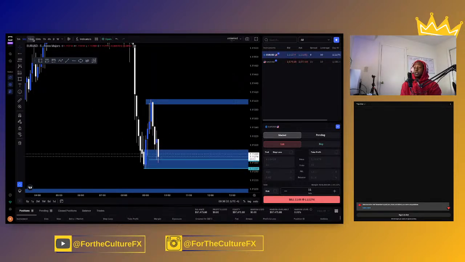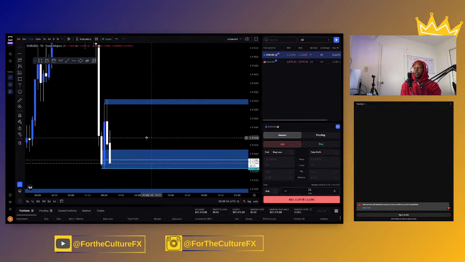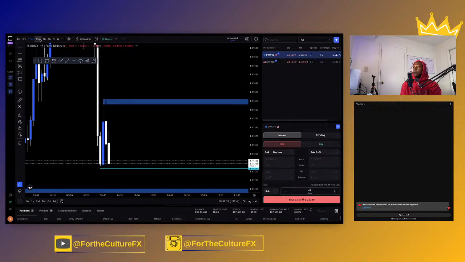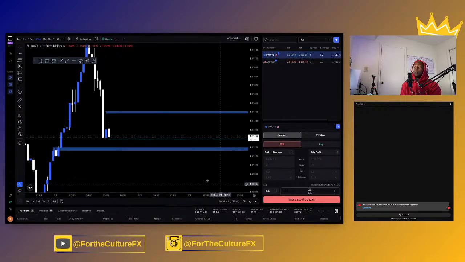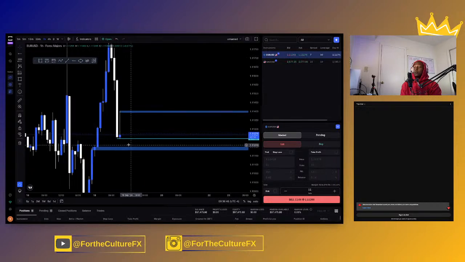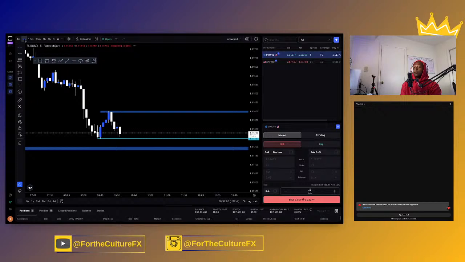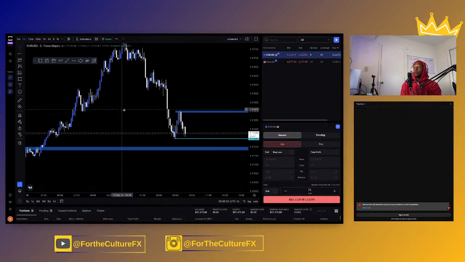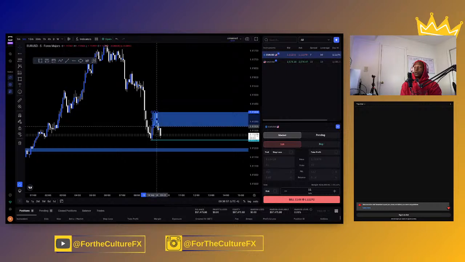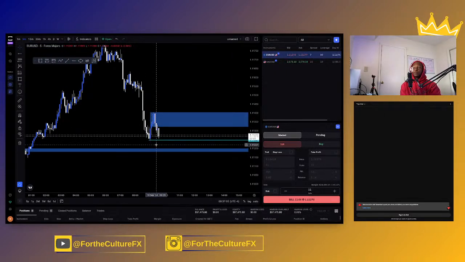It's likely that this is just going to continue pushing down to the downside. Coming off of that, it's going to break through this low. If it breaks through this low, this gives us one more possible entry level that I could look to take.